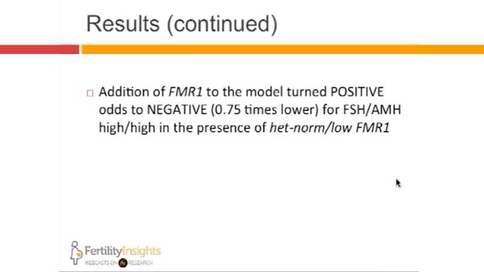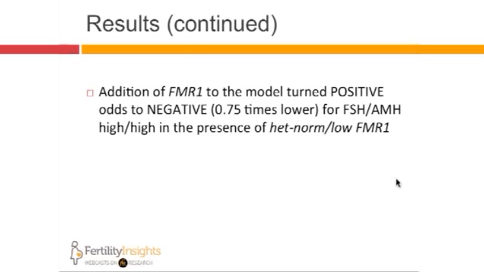Now, also very interesting, I mentioned to you briefly that our center has had a long-standing interest in the FMR1 gene, and so we added the FMR1 gene to the statistical model, and something very interesting happened.